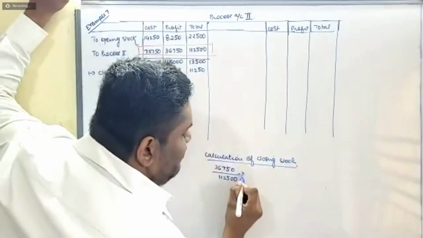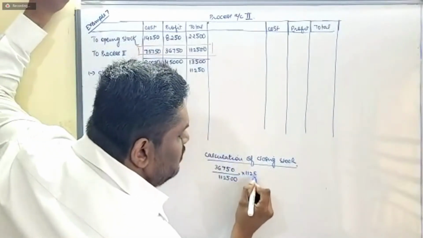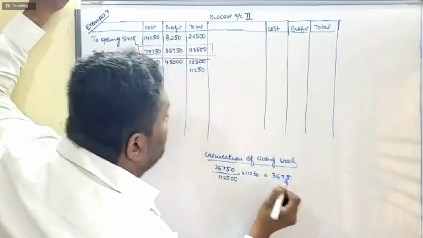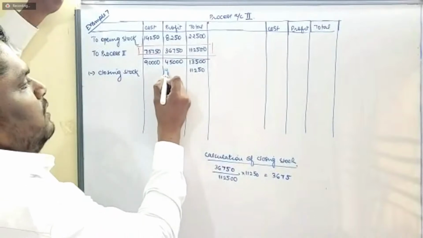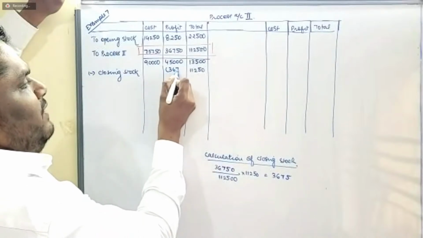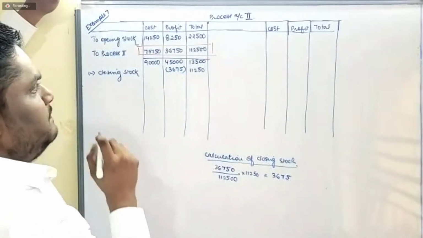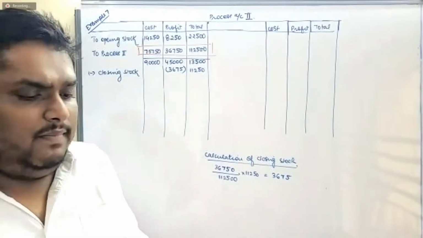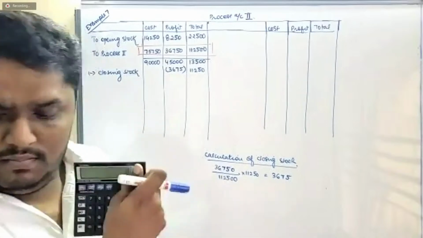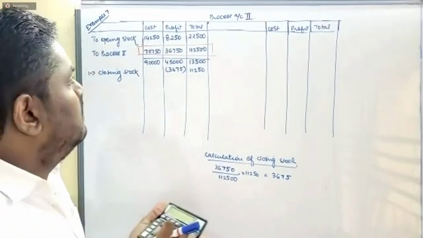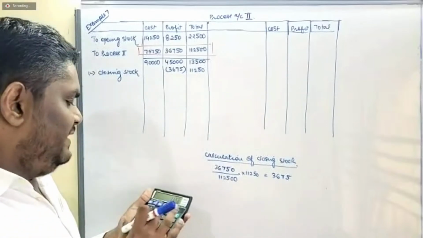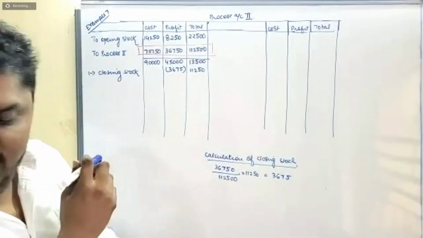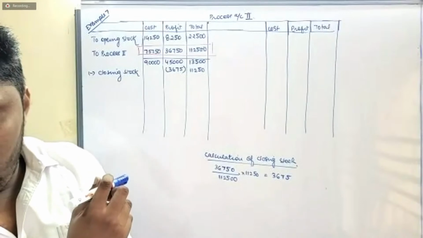So how much will be the profit on 11,250? Very simple, 3,675. So the balance amount will be 11,250 minus 3,675. So 7,575 will be the value.